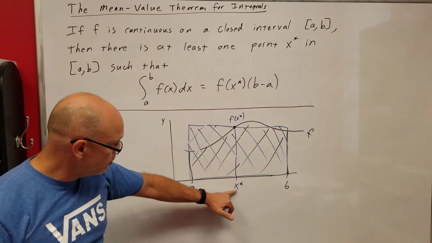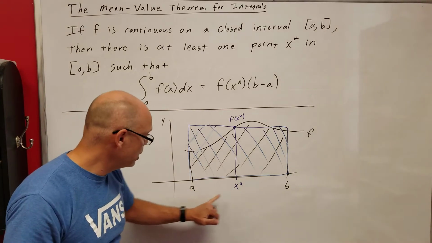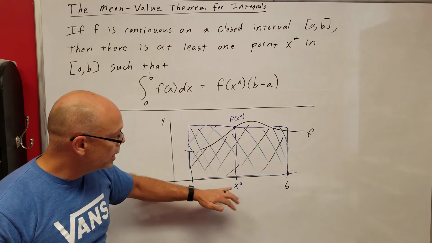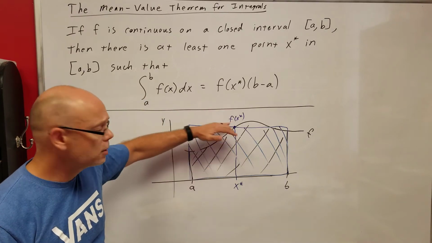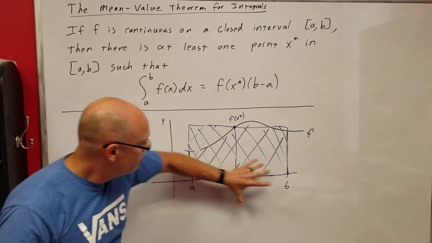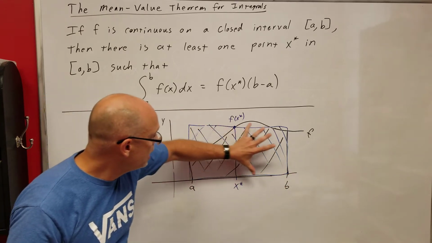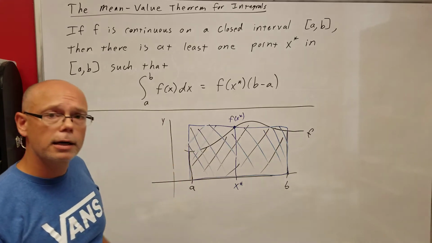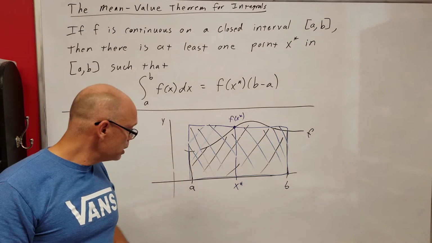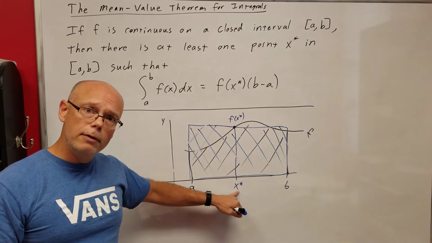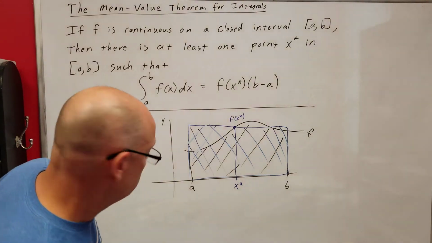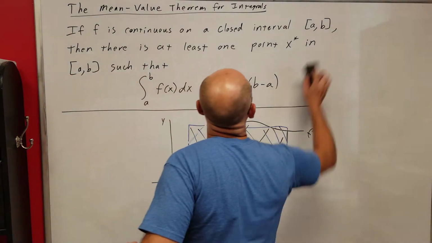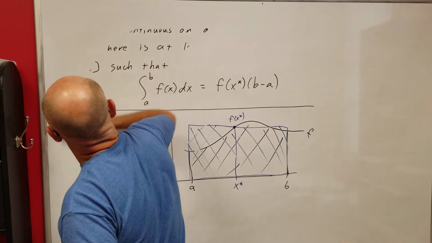So there exists some point x star in the interval from a to b where the rectangle with height f of x star and width b minus a is the same as the area under that curve, okay? So what we're going to do in some of these problems is find that value, f of x star. All right, let's see.